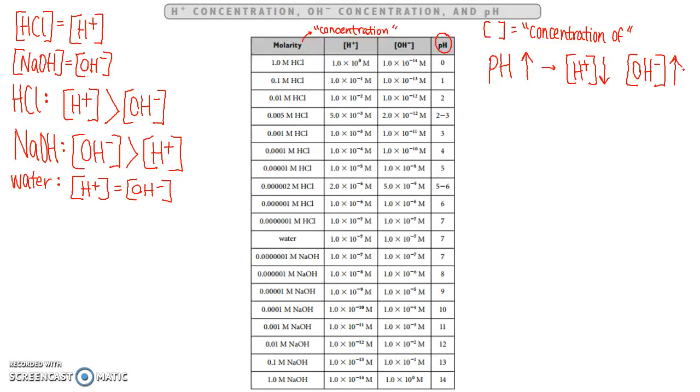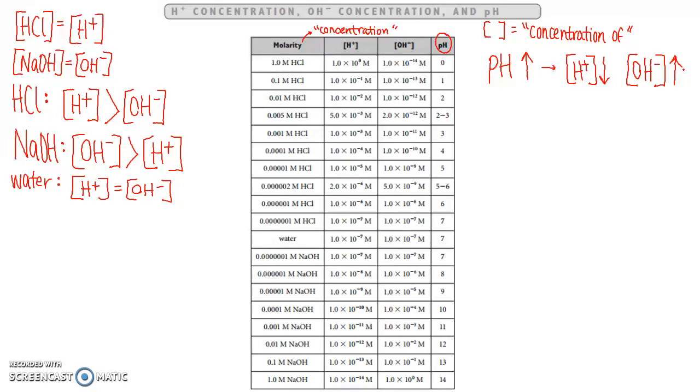Along with that, hopefully you're noticing some of these numbers have some special things going on. Not only does the hydroxide concentration increase as we go down this table and the H plus concentration decrease, but if you look at the numbers themselves, there are some pretty special things happening.